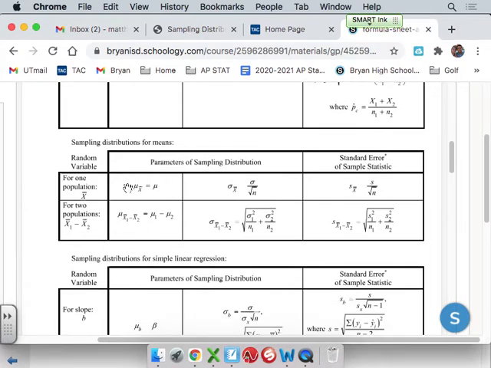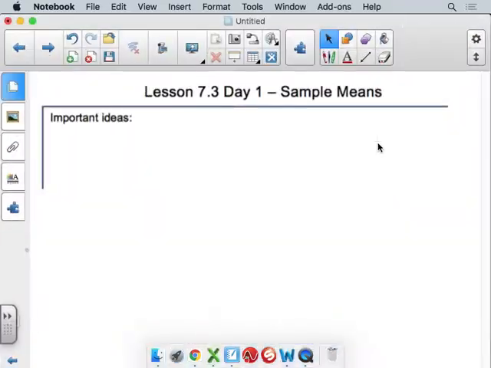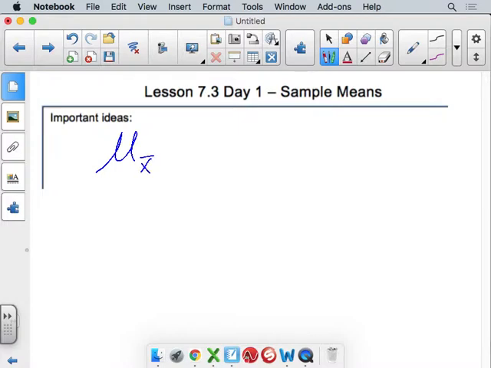An important thing to note is our formulas. Where's the average of all of the X bars? What this means is, I've got some sort of population and I'm taking a sample.